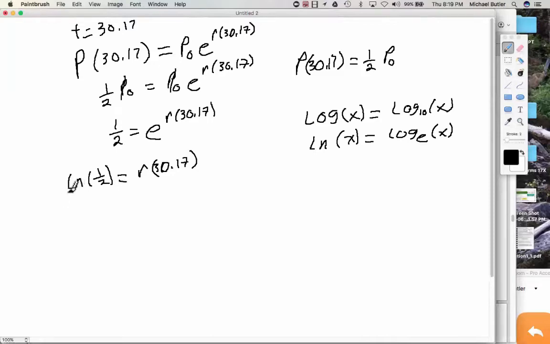The way this is read is that the exponent on a base e that gets me 1/2 is equal to r times 30.17. All right, so we're going to divide out that 30.17 from both sides. And that's equal to r. So that's the decay rate for our exponential function.